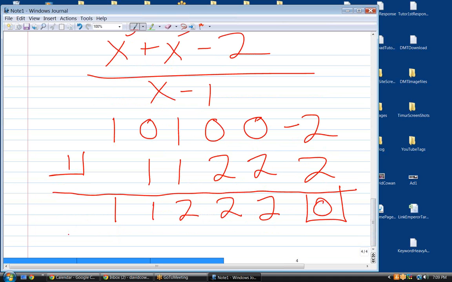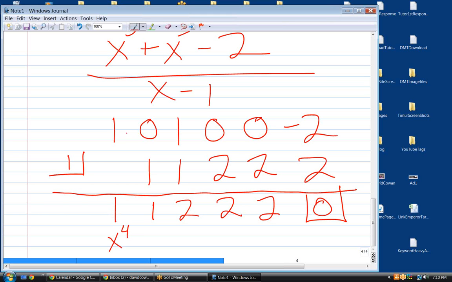What's the answer? The first term is always going to be 1 degree less: 1 x to the 4th.